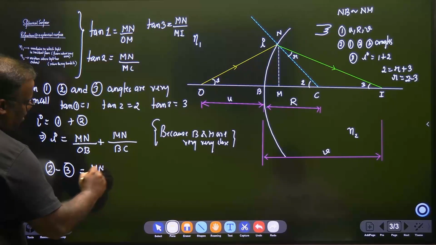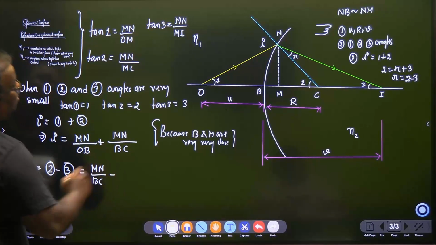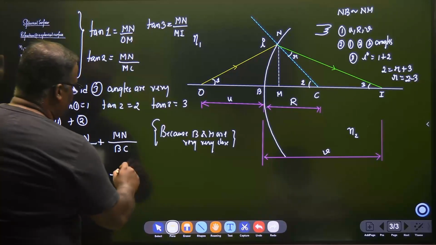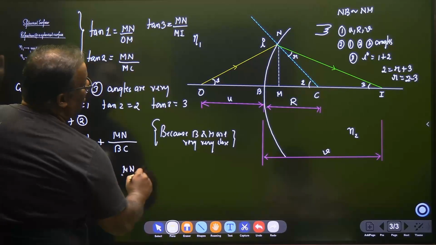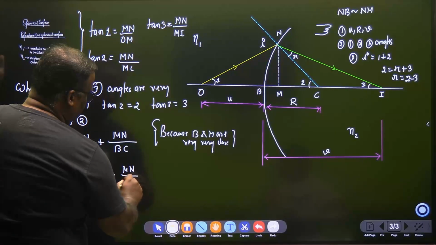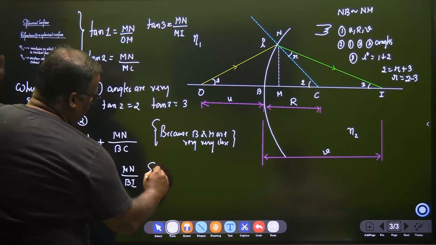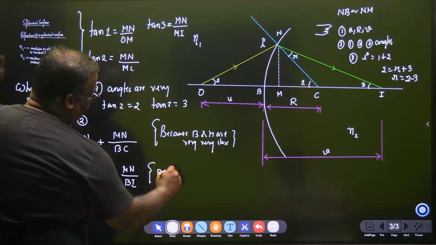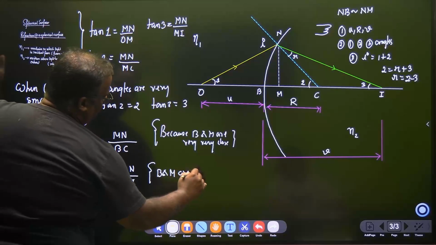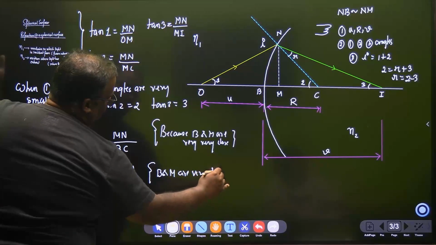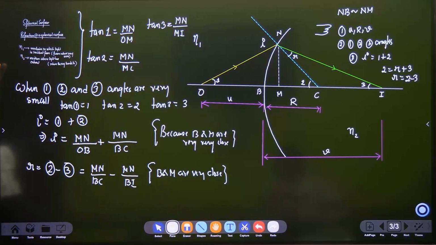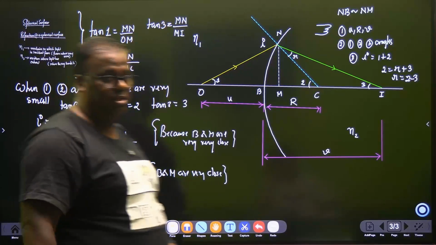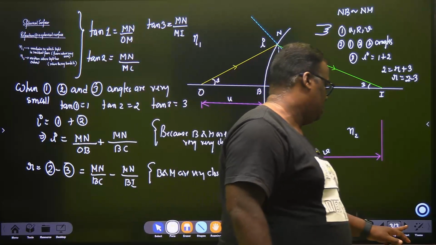MN by BC, minus 3. 3 is MN by MI. I am writing it as BI, because B and M are very close. This much is okay? Can I go ahead? Okay, I'm going ahead.